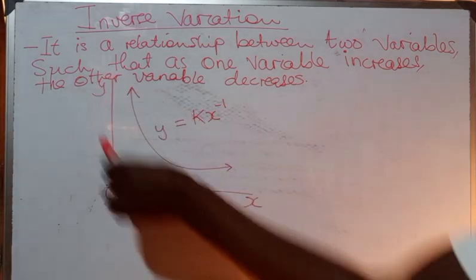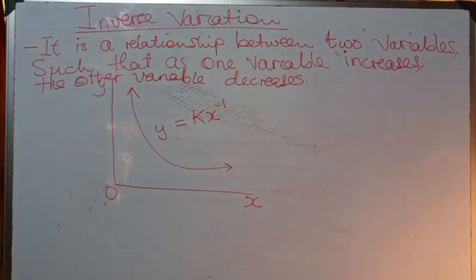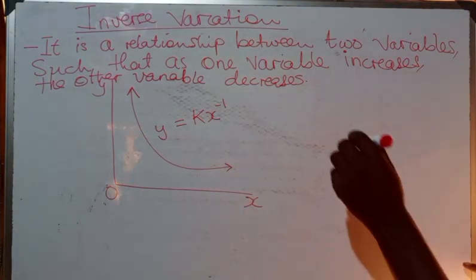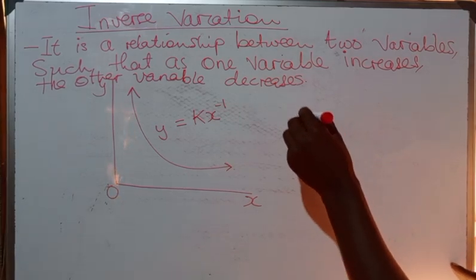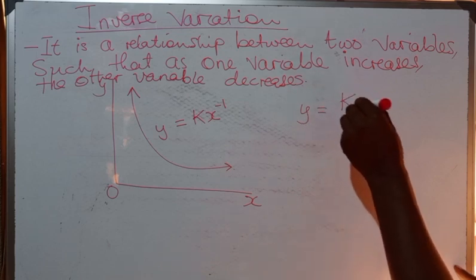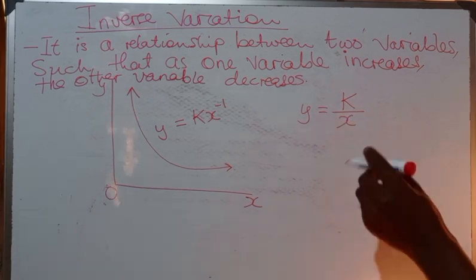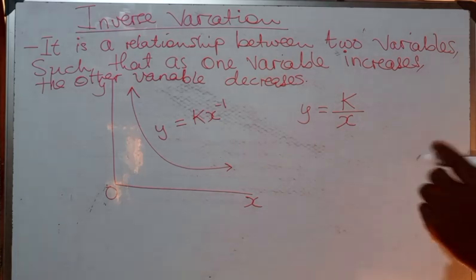This is the Cartesian x-y plane where this is the way the shape will look under the inverse. What are we trying to say? When we have inverse variation, the constant will be the numerator, then the other variable will be the denominator. Why?